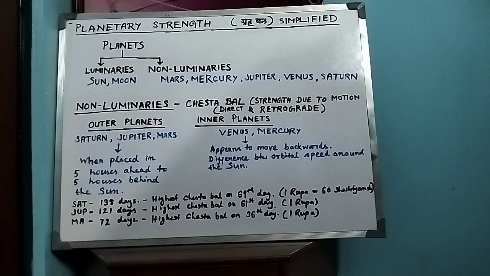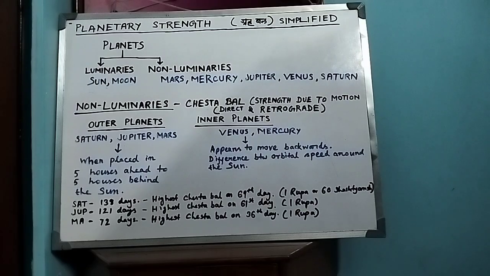So, for 5 non-luminary planets, we cannot ignore Chestabal or the retrogression factor of the planets while assessing their planetary strengths.